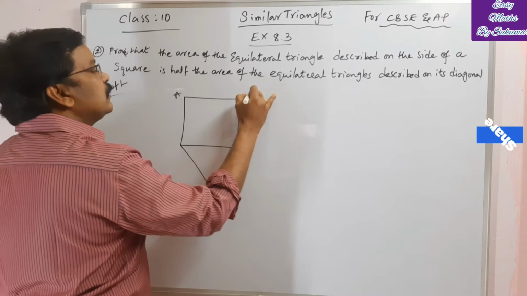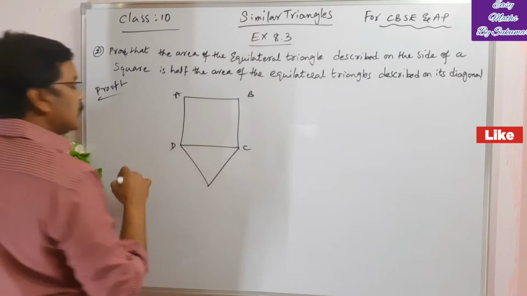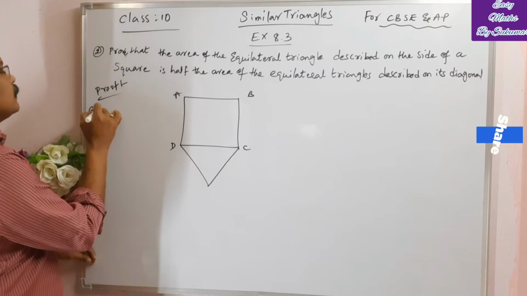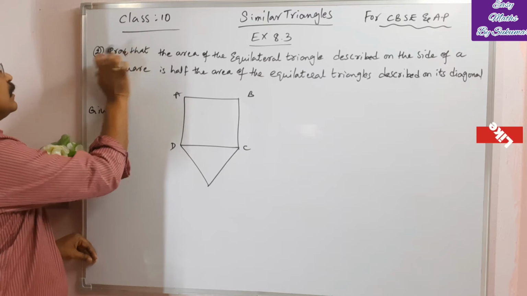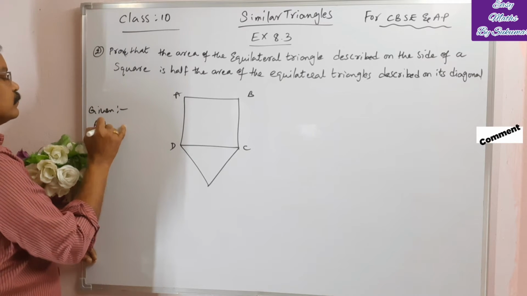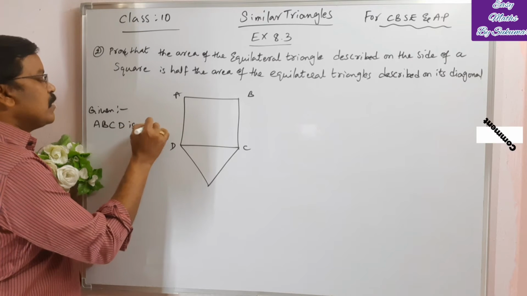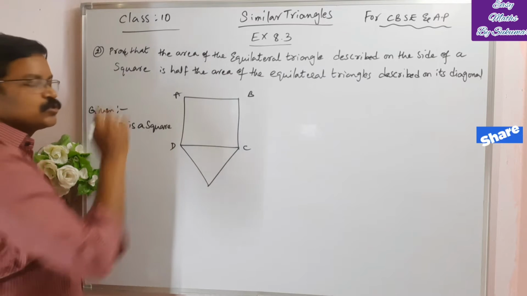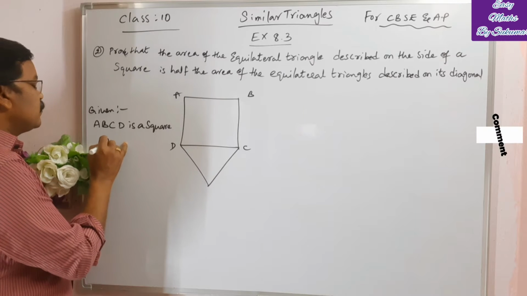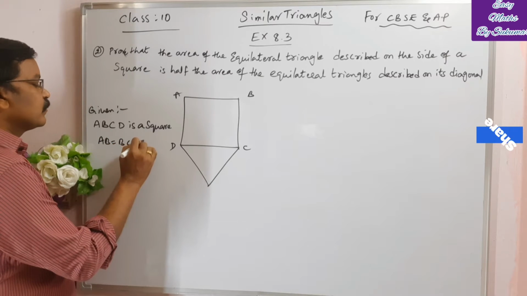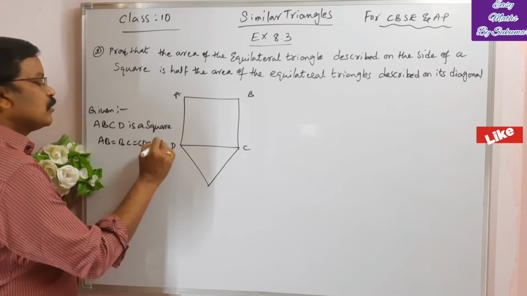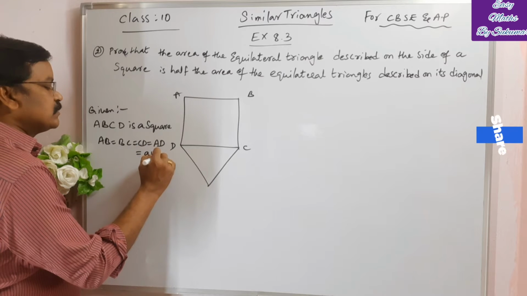Okay. So here ABCD is a square. Given, this ABCD is a square. So here AB, BC, CD and AD are equal to small a units.